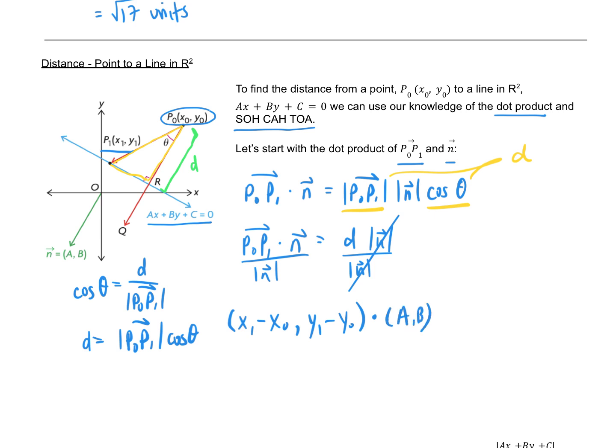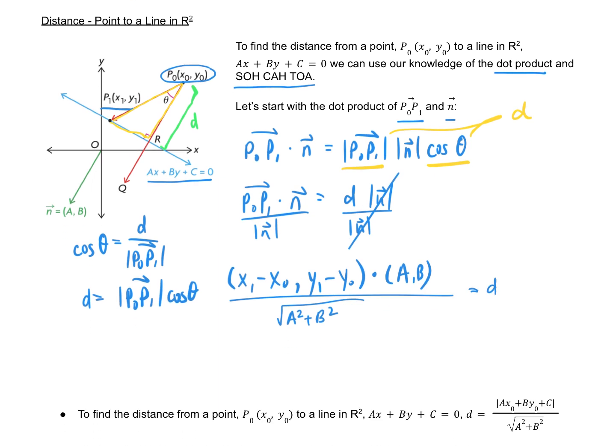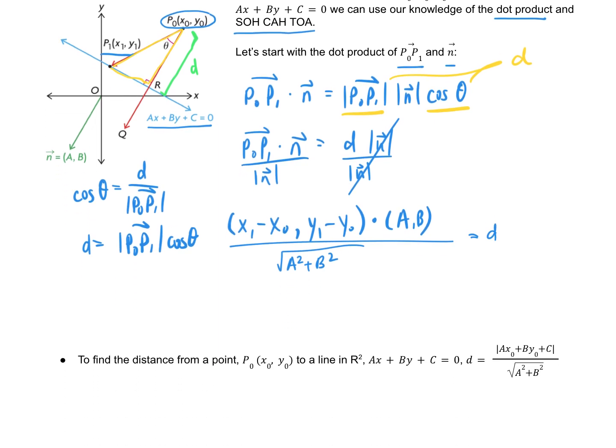And that's all going to be over the magnitude of the normal, which is the square root of a squared plus b squared. And now I'm going to do that dot product. So we'll have a that is multiplied with both x1 and x naught, and b with both of the y's.